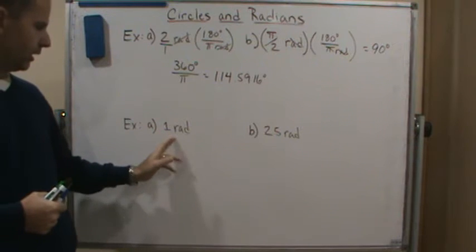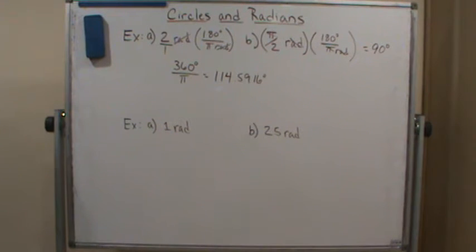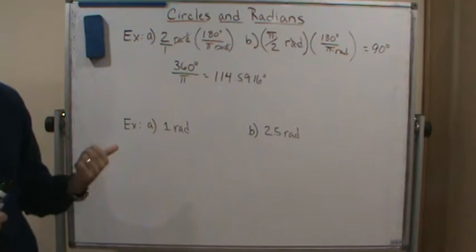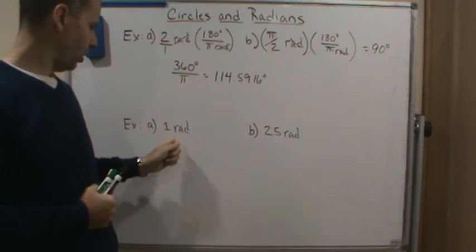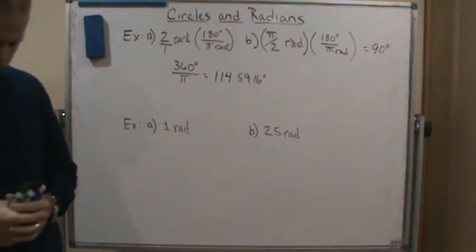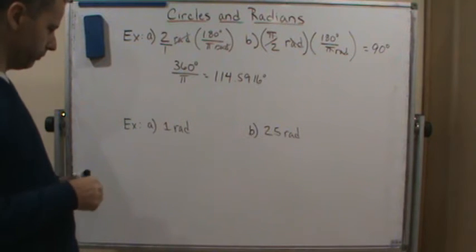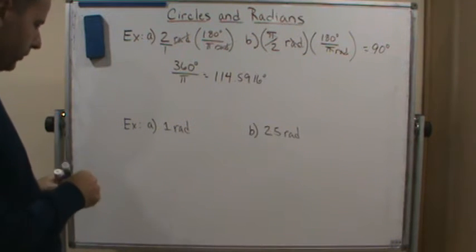Now, what about in this case? I want to know what the radian is. Now in this case, I want to put in DMS format. Let's say they're asking, hey, I want this in DMS format, degrees, minutes, seconds. Okay, so first of all, let's do it by hand.